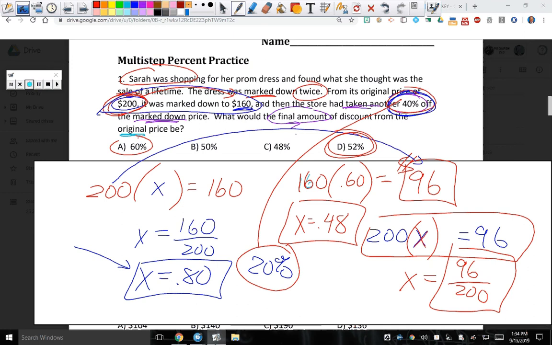So what was the point of finding the original one was a 20%? To show you the mistakes that people make. So 20% of the first part and then 40% of the second would lead a lot of people to pick A. And the reason why I'm saying this is because of what a lot of us missed on the last practice PSAT.